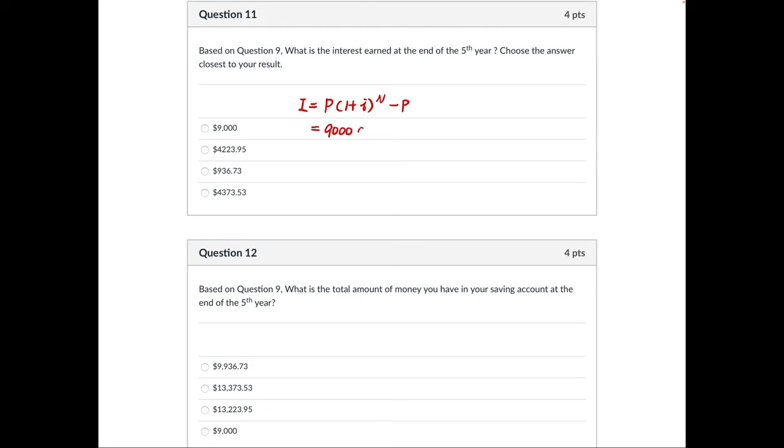P is 9,000, 1 plus I is 2%, N is 20, minus 9,000. So the answer is 4373.53.